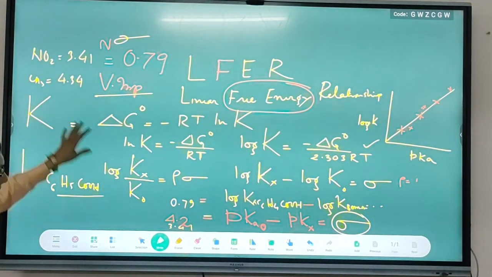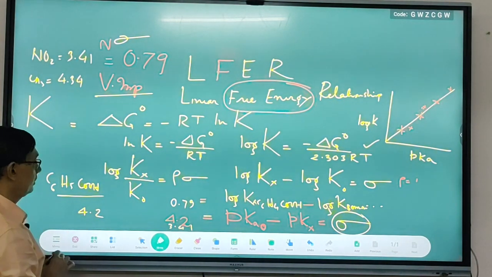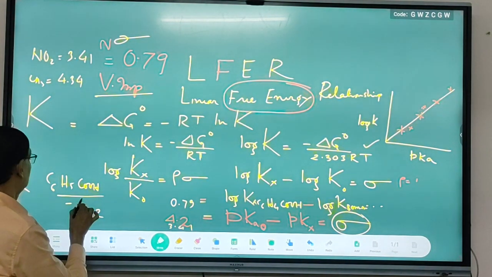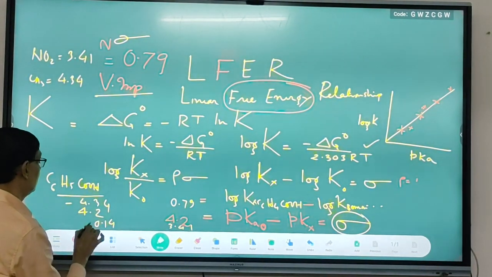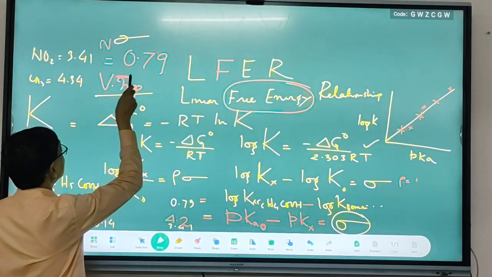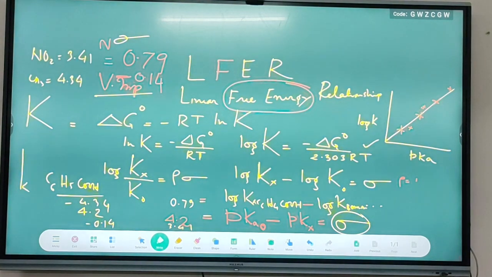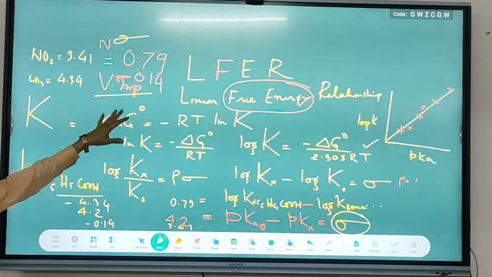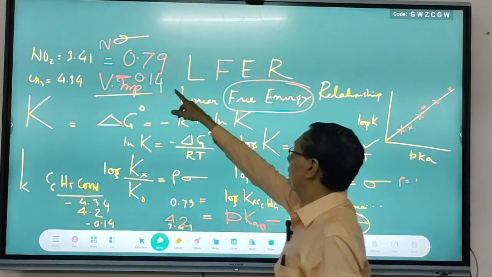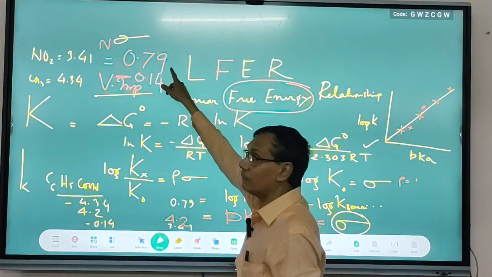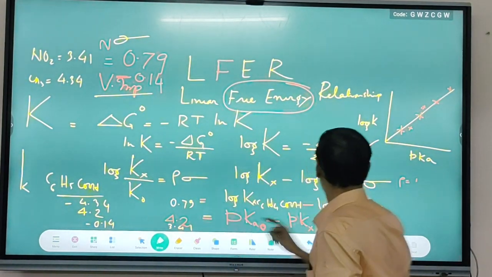Now for methyl, the pK is 4.2 minus 4.34. The value is minus 0.14. You follow this? It is not very difficult. So we are getting the substituent constant for nitro as 0.79 and for methyl as minus 0.14.